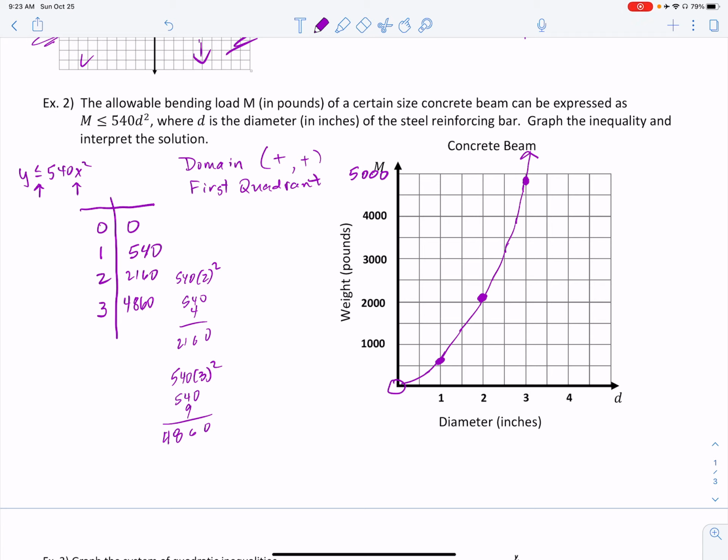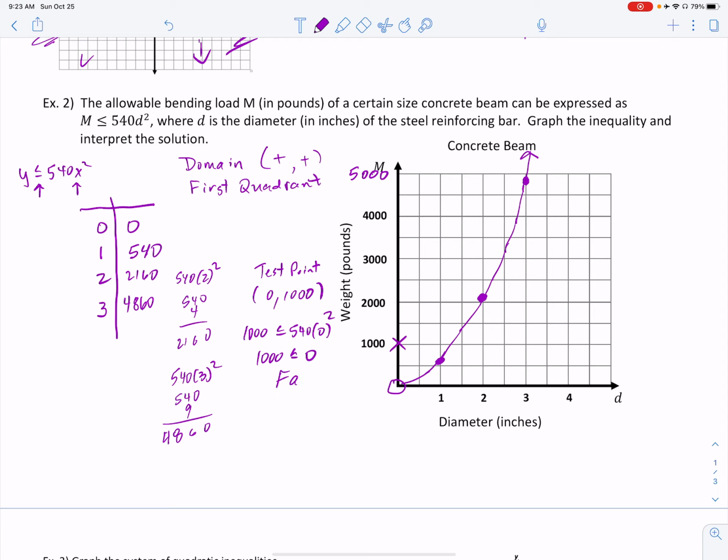Now, I need to decide if I'm shading inside the parabola or outside the parabola. So I'm going to do a test point. What if I tested the point 0, 1000? If I plug that in, is 1000 less than or equal to 0?